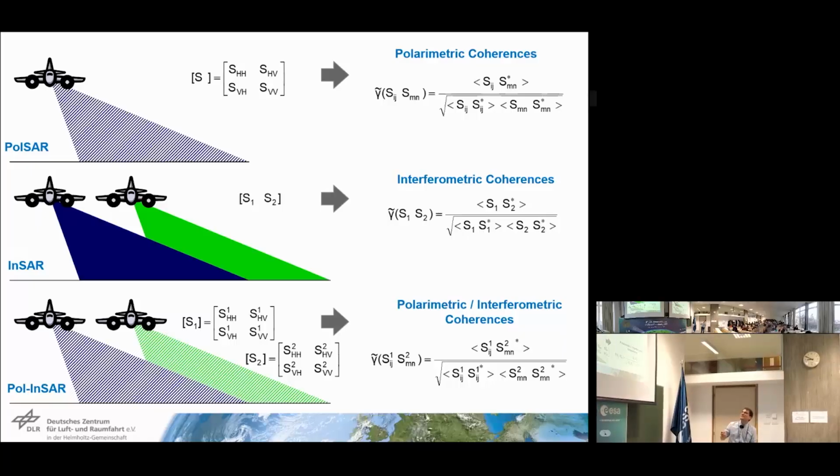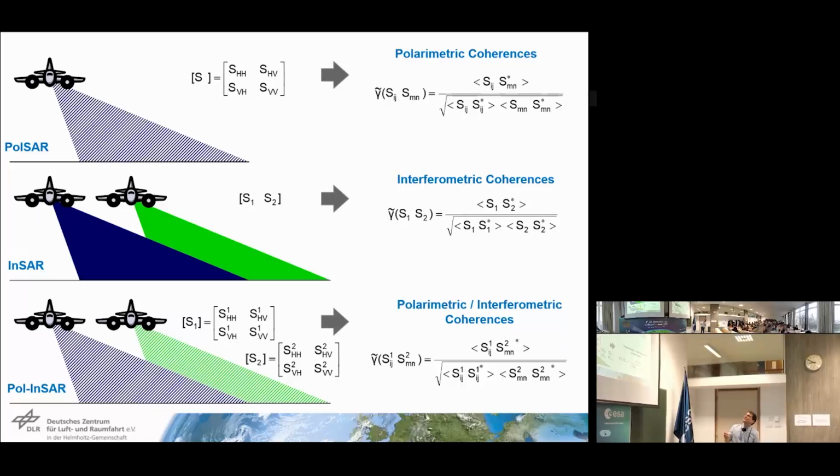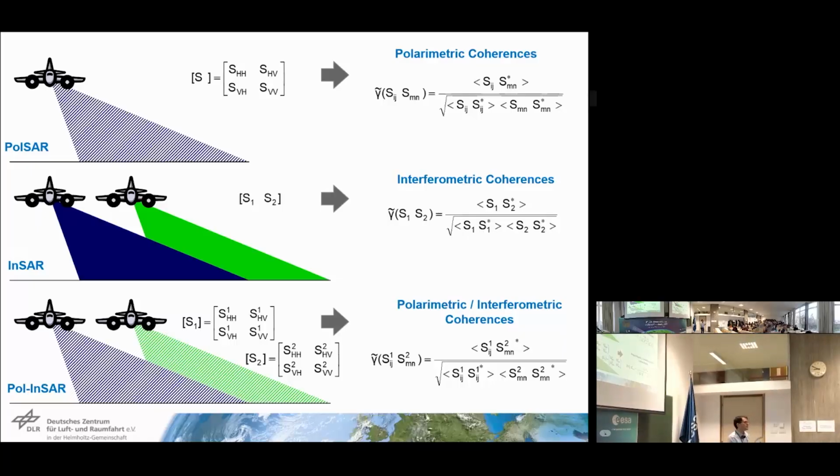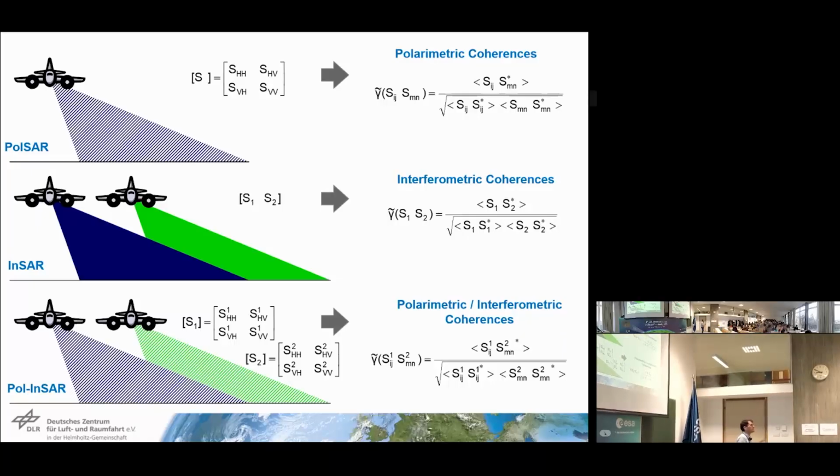In the polarimetric framework, when you have coherence, you take just the coherence between different polarimetric channels. In the end, you calculate it as a statistical correlation, so it's nothing different than that. Therefore, it's a measure of similarity.